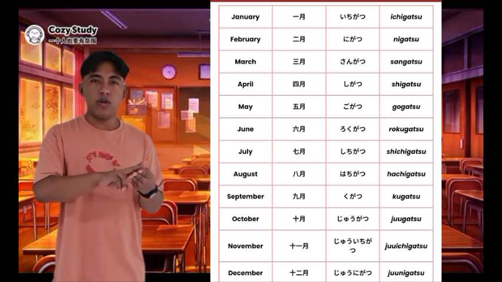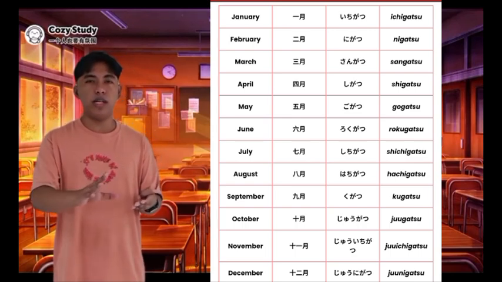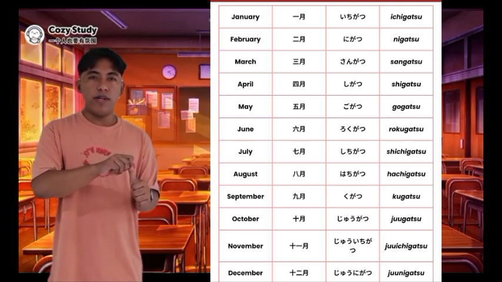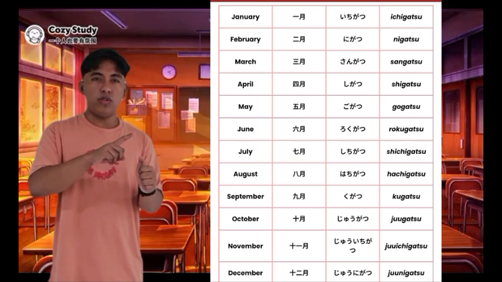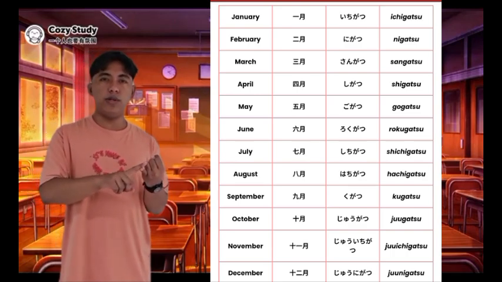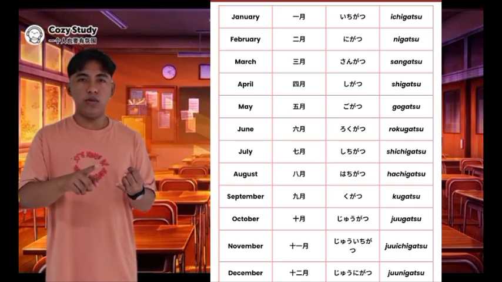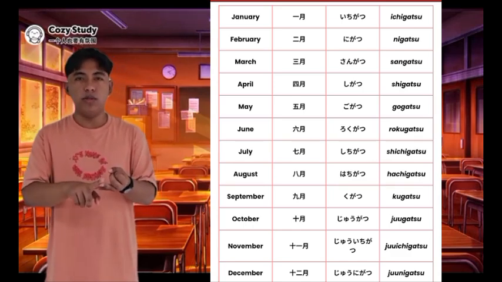October is Jugatsu. And for November, Juichigatsu. And the last, December, is Junigatsu.